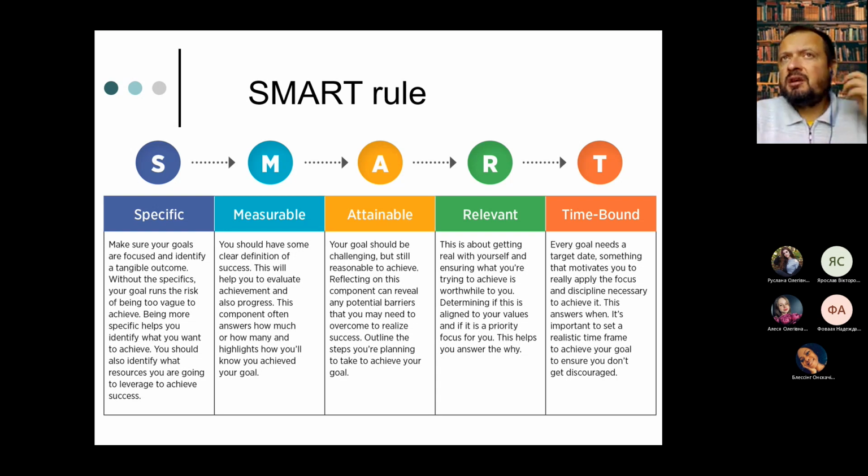Students formulate like this, that the first objective is to increase the volume of sales by 10%.